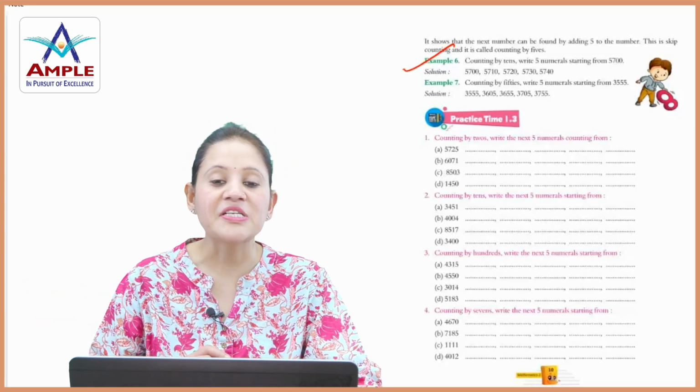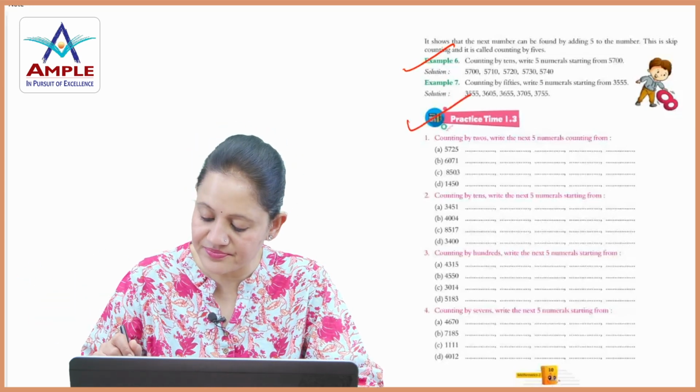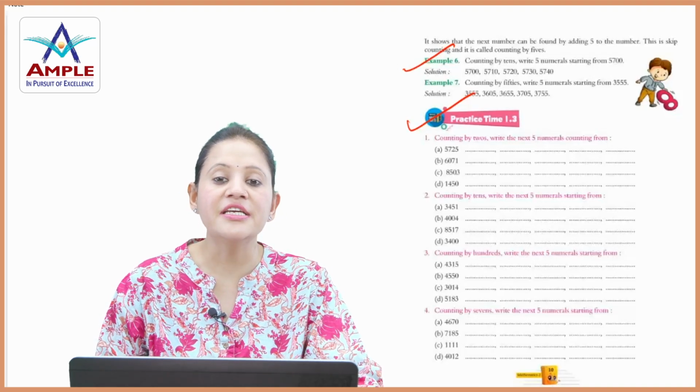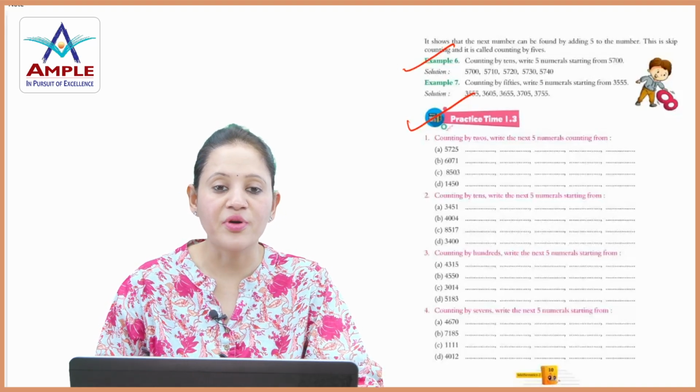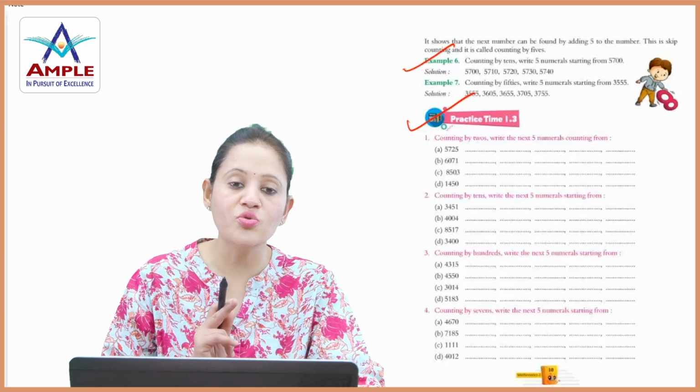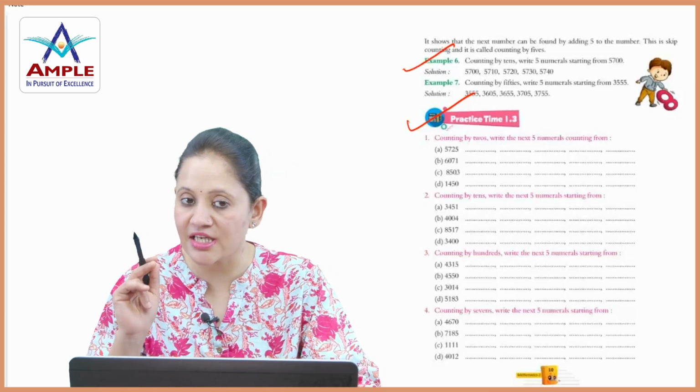Clear? Next, practice time 1.3. Counting by twos. Write the next 5 numerals counting from 5725. So counting by twos, we have to add 2 every time to the previous number to get the next number.